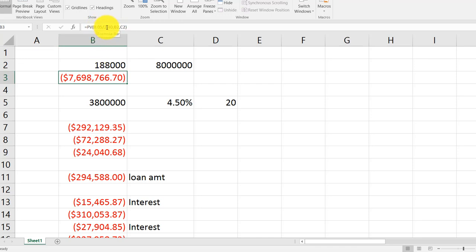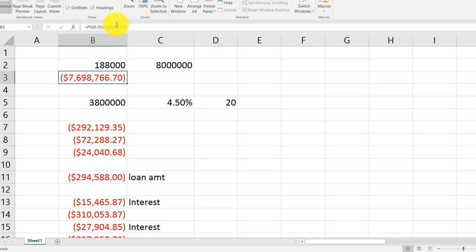So this is the interest rate, then the number of payments, then the amount of the payment, which we calculated earlier in B2, and then finally the amount that we're going to pay back at the end.